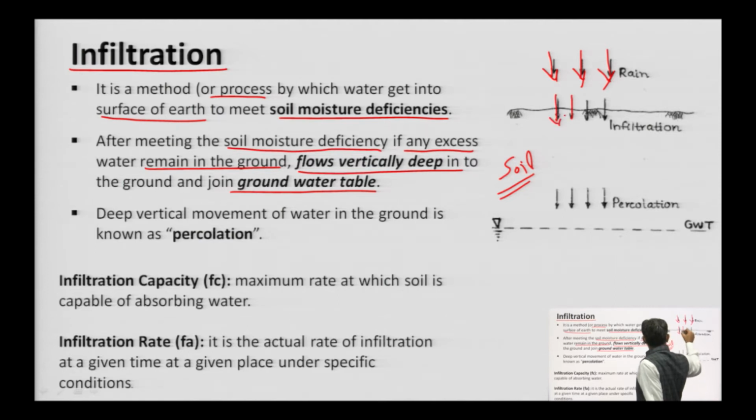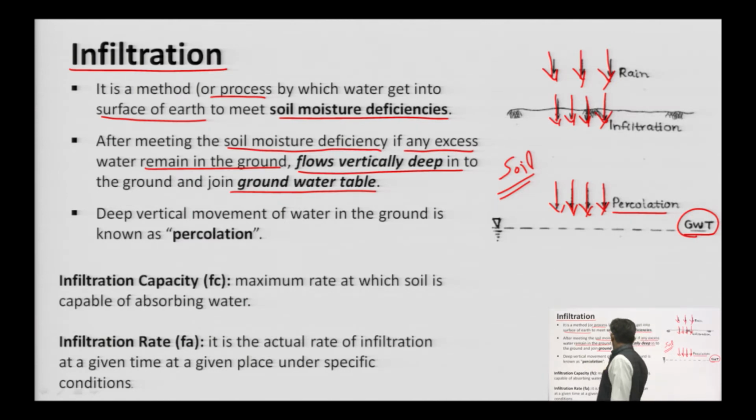If there is deficiency in the moisture content of the soil, then some part of the precipitation will infiltrate, and the part of the water which is going vertically downward is called percolation, and it can join the groundwater table also.